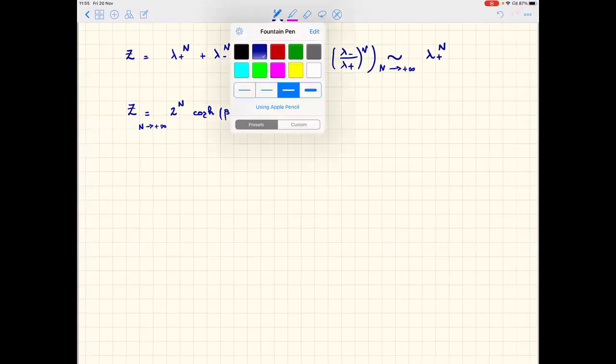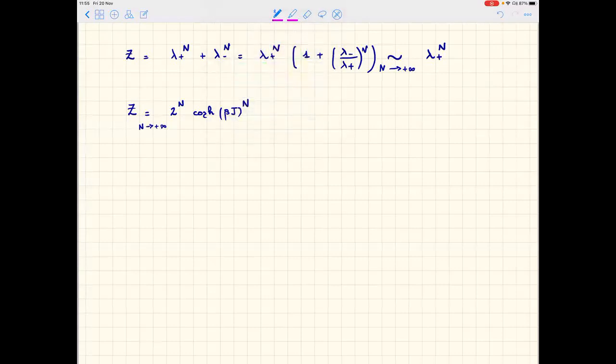Now, in general, you can use the transfer matrix to solve the problem not only with h equals 0, but also with finite h. In particular, one thing that you can do is compute the free energy for finite h.